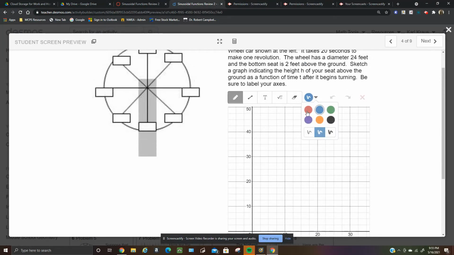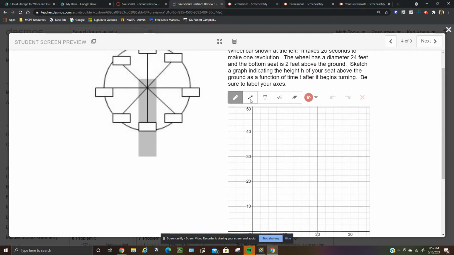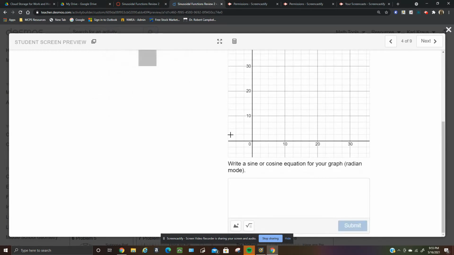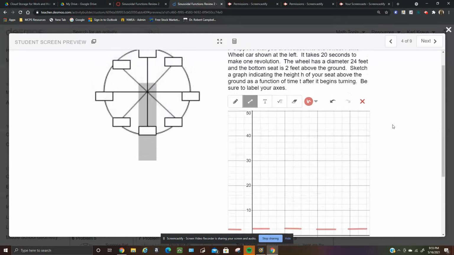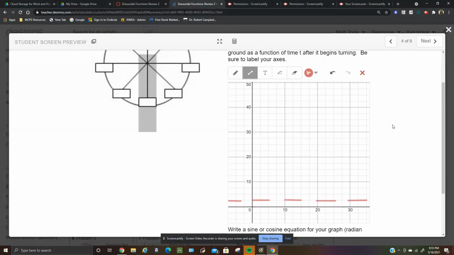So the lowest the seat is at 2. This is a scale 2 here. Let me use my line segment tool. So y equal 2 is my minimum. And then a diameter of 24 feet.